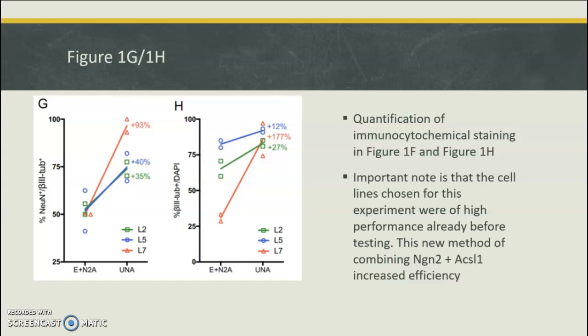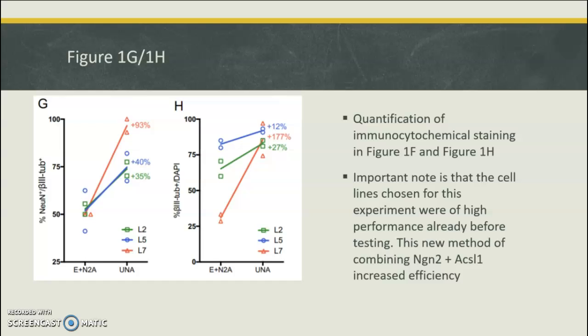Lastly, I want to discuss figure 1G and 1H for the first experiment. So these figures show the quantification of the immunocytochemical staining. Figure 1G shows again how different cell lines react to the new UNA vector when staining for the neuronal markers beta-3 and NEUN. Figure 1G shows the quantification for beta-3 tubulin neuronal markers for cell lines L2, L5, and L7.